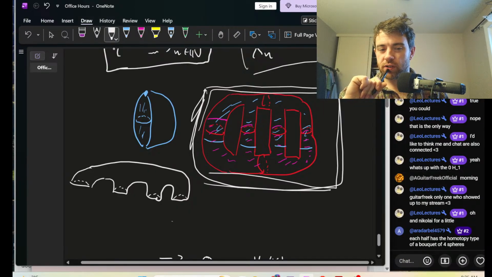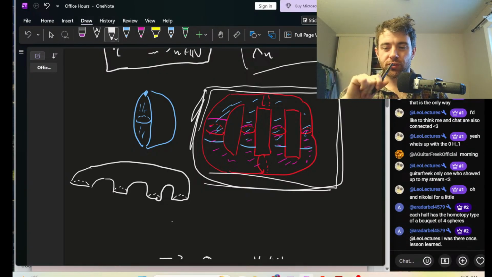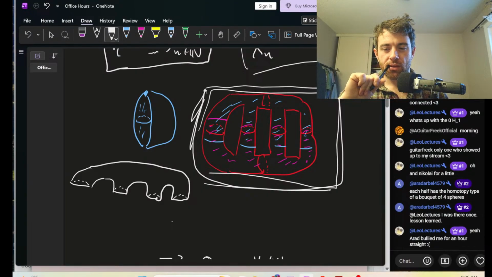Each half has the homotopy type of a bouquet of 4 spheres. Of 4 spheres, right? I'm trying to see this.